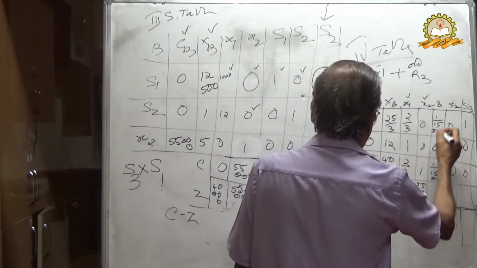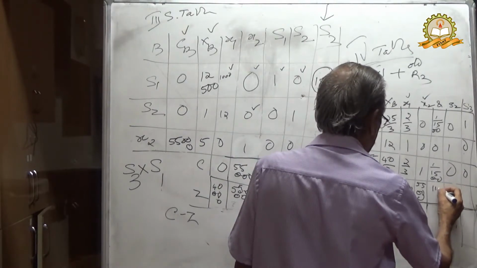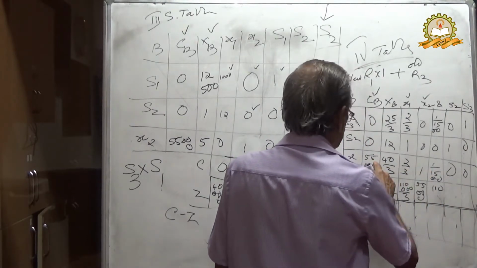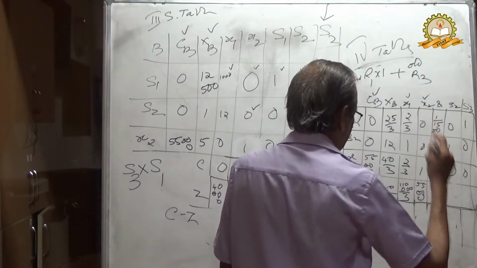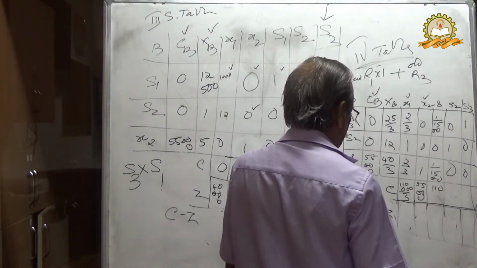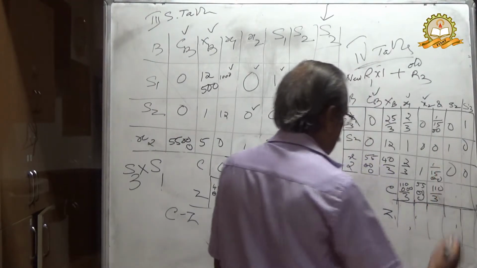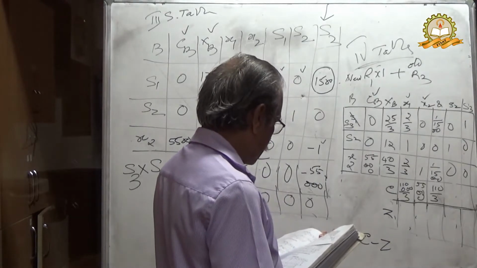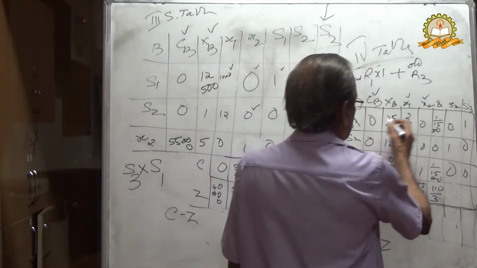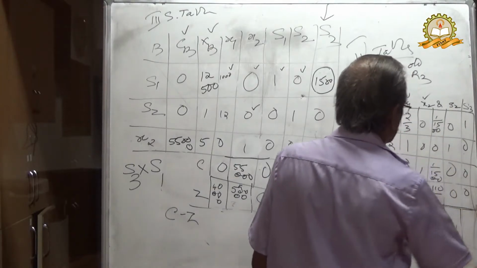Then in the third one you have 55,000 into 1 by 1500 equal to 110 by 3. Again this will be 0, S1, S2, S3.